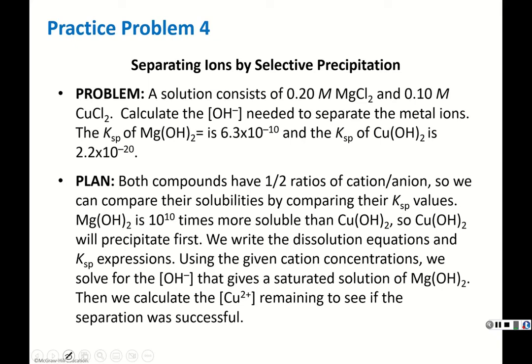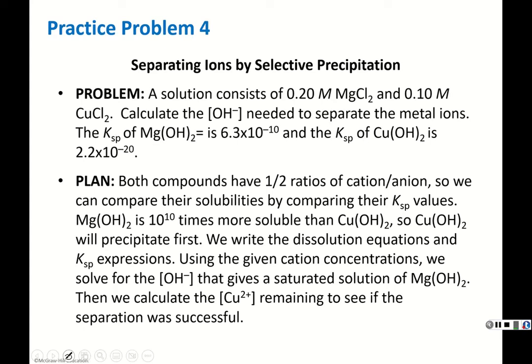What we have to do now is calculate the amount of base that we need to separate these metal ions. Okay, we want to separate the magnesium and the copper from each other. Okay, and by adding the OH, the hydroxide anions, they're going to form magnesium hydroxide and copper hydroxide, both of which are insoluble, or only slightly soluble.